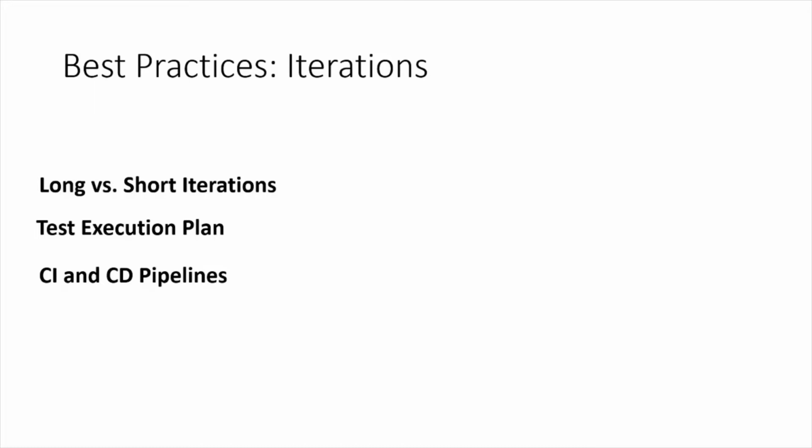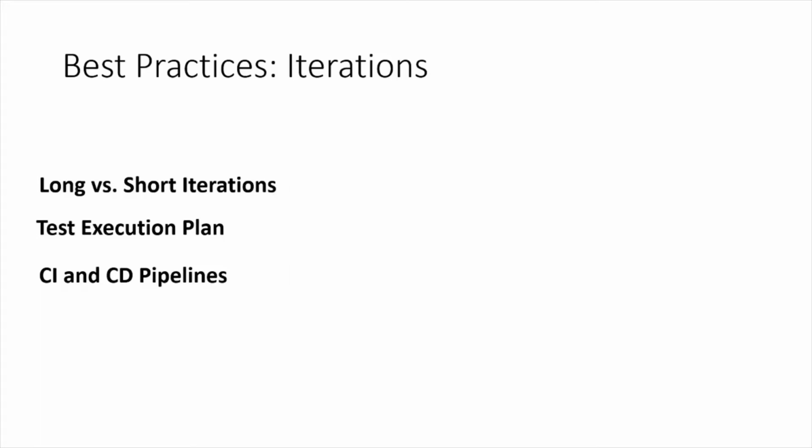So if you decide to implement longer iterations, you need to make sure you have really proactive customer involvement. This would allow you to deliver and maximize your value better.